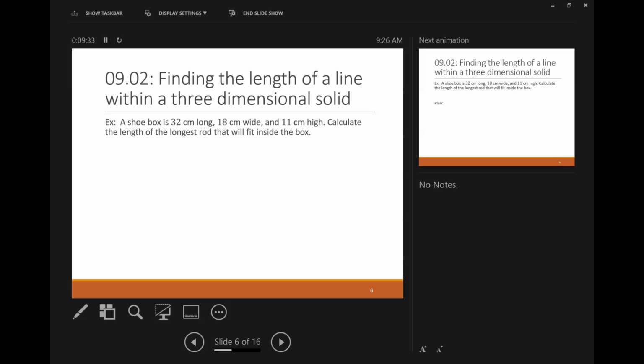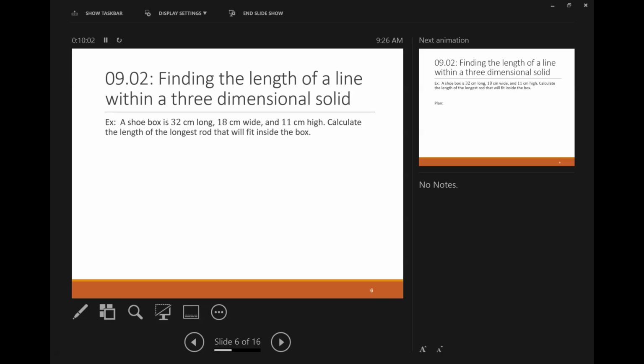What's going to be the way to fit the longest possible object inside of that? So use some imagination, like close your eyes if you need to. Think about what a shoebox looks like. And if you're trying to fit a stick or something in there, how would you put that stick so that you can get the longest possible stick in there?